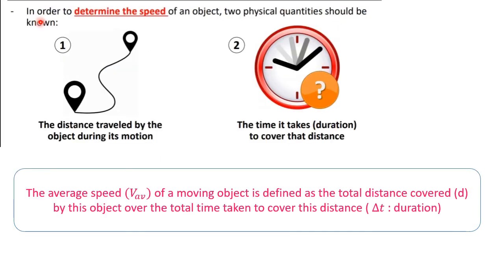As a conclusion, in order to determine the speed of an object, two physical quantities should be known: first, the distance traveled by the object during the motion, and the time taken to cover that distance.